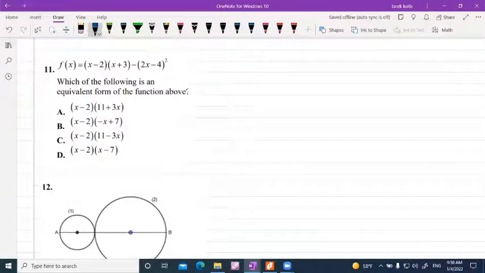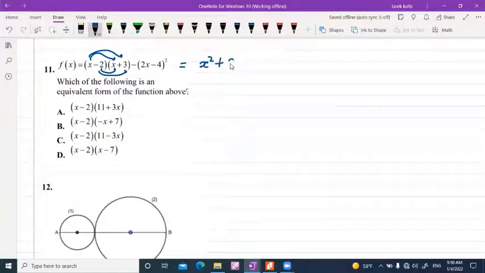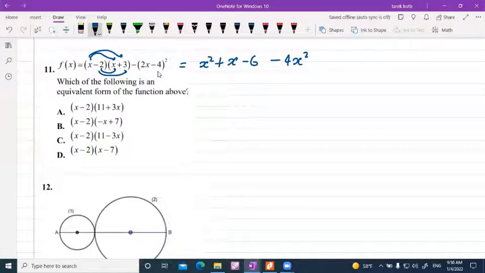Number 11. Which of the following is an equivalent form of the function above? Okay, so let's see. First, you have to remove the brackets, multiply. So it will be x squared plus x minus 6 minus 4x squared, because I have to remove this bracket.